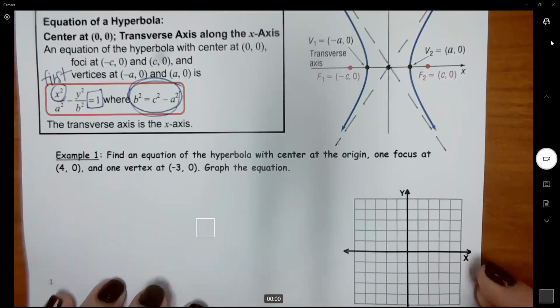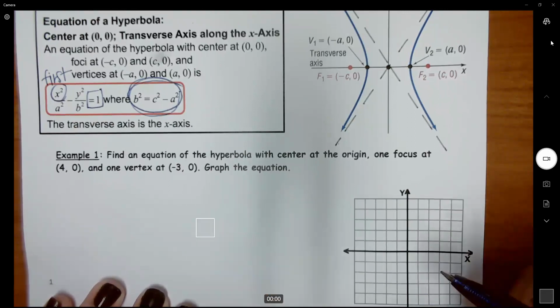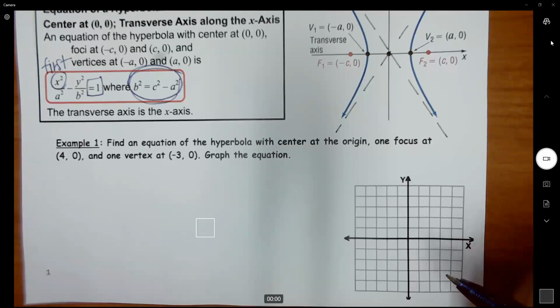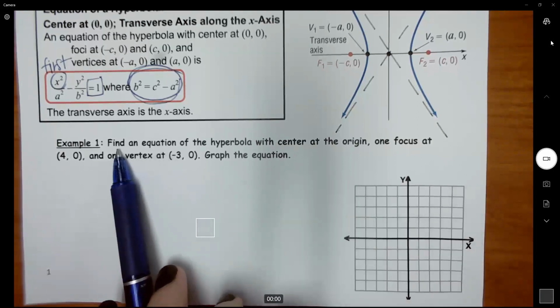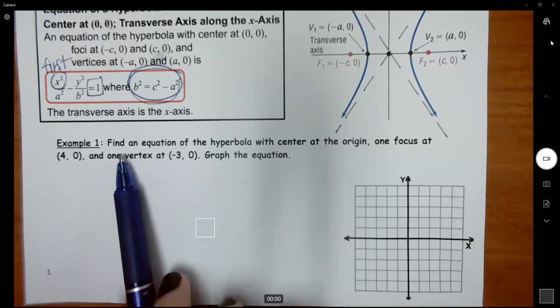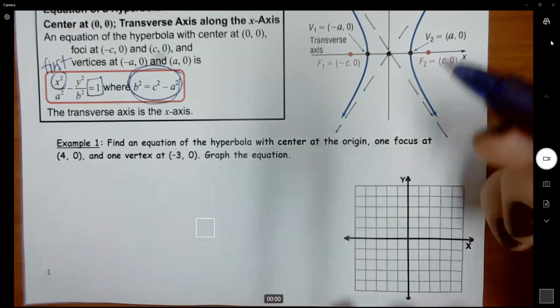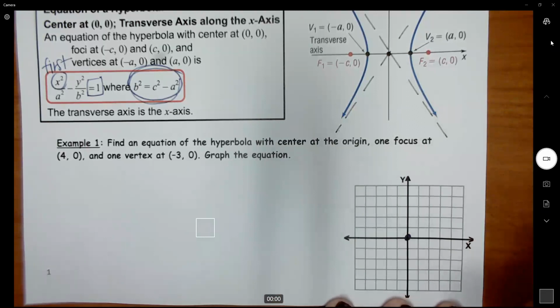So example 1, find an equation of the hyperbola with the center at the origin, one focus at 4, 0, and one vertex at -3, 0. Graph the equation. Okay. So I am going to go ahead and start graphing these. We have the center at the origin, so I can put that point in there.